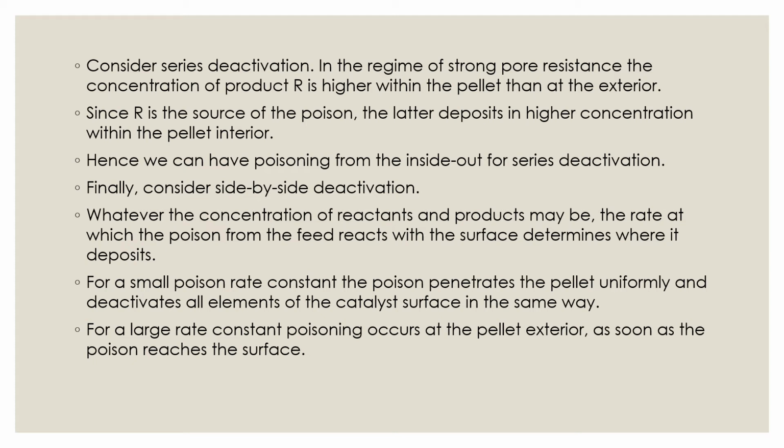Whatever the concentration of reactants and products may be, the rate at which the poison from the feed reacts with the surface determines where it deposits. So, for a small poison rate constant, the poison penetrates the pellet uniformly and deactivates all elements of the catalyst surface in the same way. For a large rate constant, poisoning occurs at the pellet exterior as soon as the poison reaches the surface.